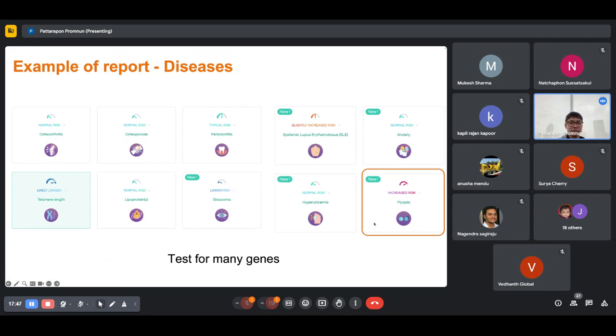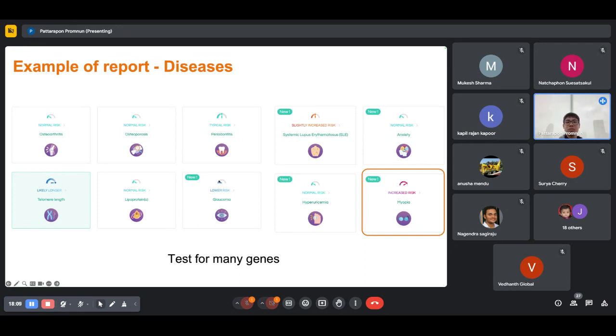For example, the topic that we newly released is myopia, the gene that can cause nearsighted eyes. For the disease report here, we test many genes. This is different from the previous report that tested only 1 or 2 genes.